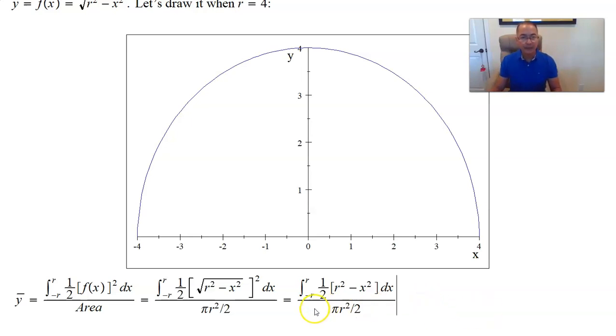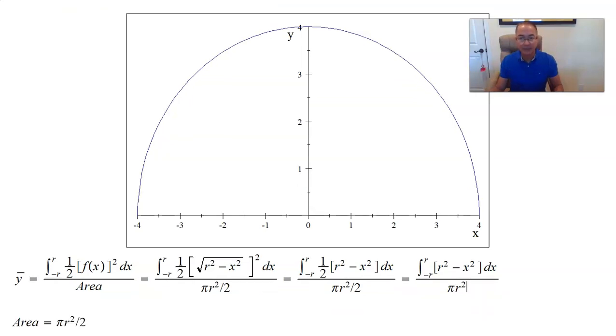So what do we do? I guess we can take the, oh wait, check it out. We have a 1/2 here. We also have a 1/2 here in the denominator. So both of those 1/2s go away. Cancel. Excellent. So we have the full area of the circle in the denominator for now.